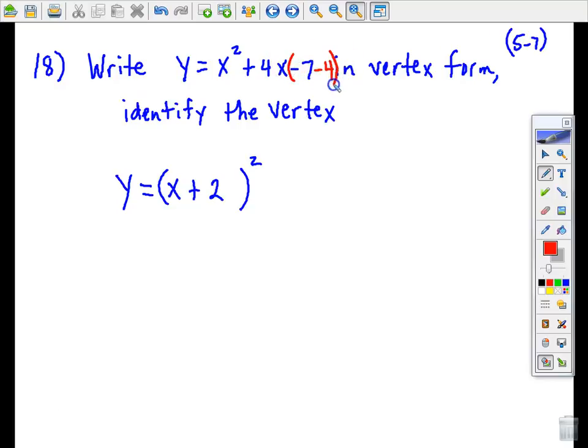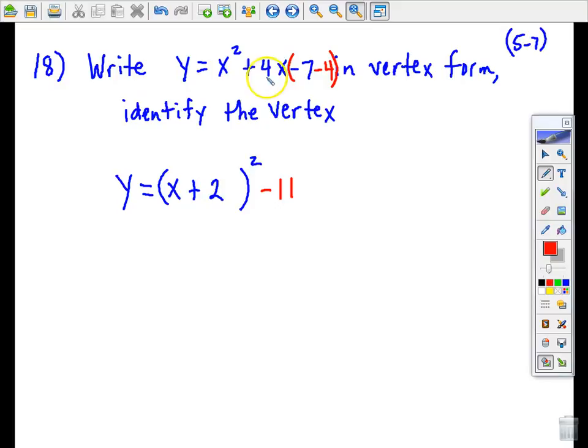Okay? So now just think about putting those two constants together. If you put -7 minus 4 together, combine them, you would get -11. And that is vertex form. That's all you do.